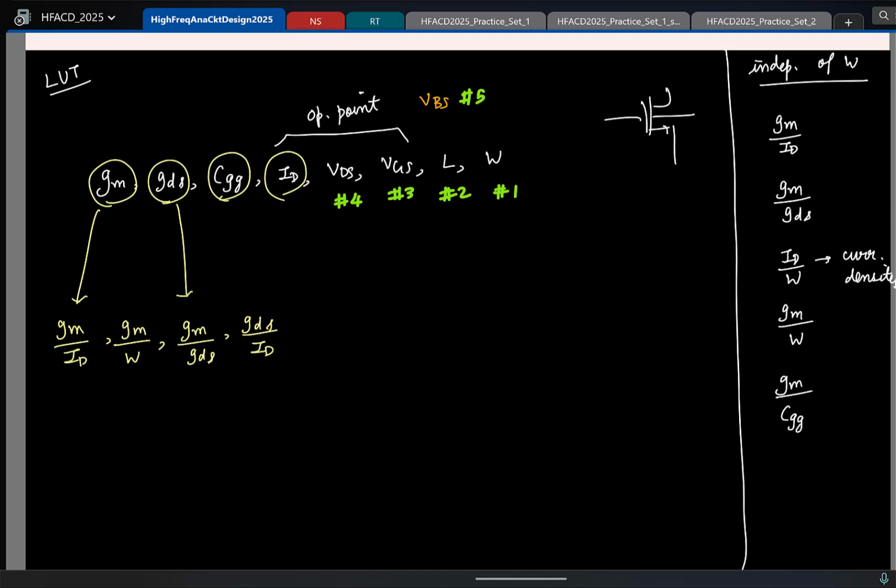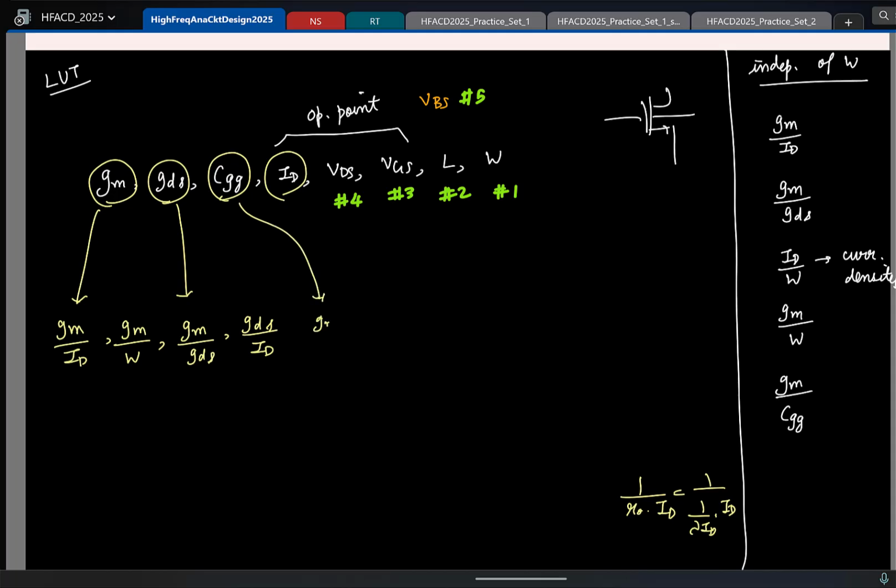That is essentially 1 by R0 times ID. Correct? And as you know, R0 is 1 by lambda ID. So that just becomes 1 by lambda, so this also is kind of constant. Instead of CGG, what can you store?